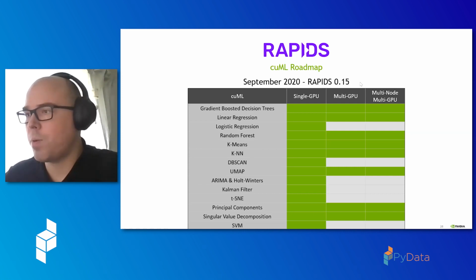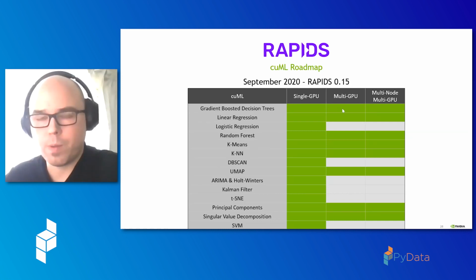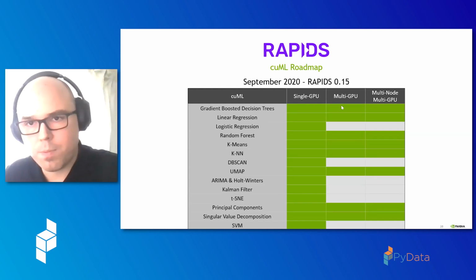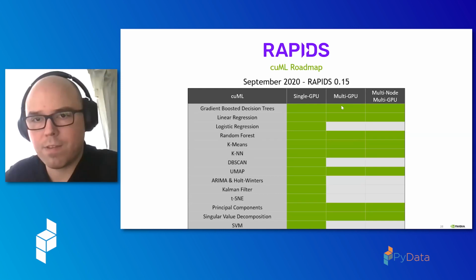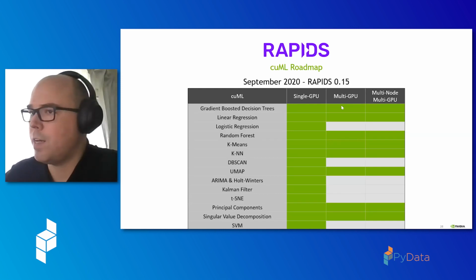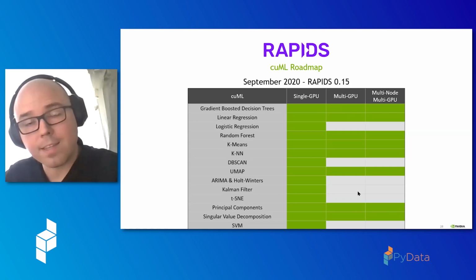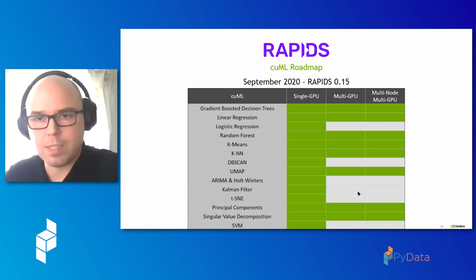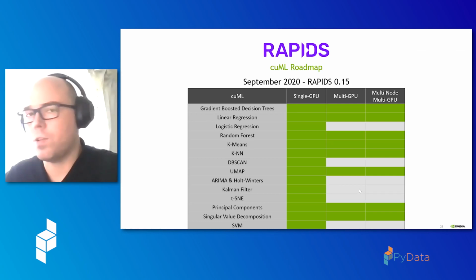A large proportion of algorithms has a multi-GPU implementation, meaning that if you have, say, 4 GPUs in your desktop, or 8 GPUs in your server, or 16 GPUs in your server, that algorithm will execute across all of the GPUs within that server. And it will do it seamlessly, so you don't have to really care about it all that much.